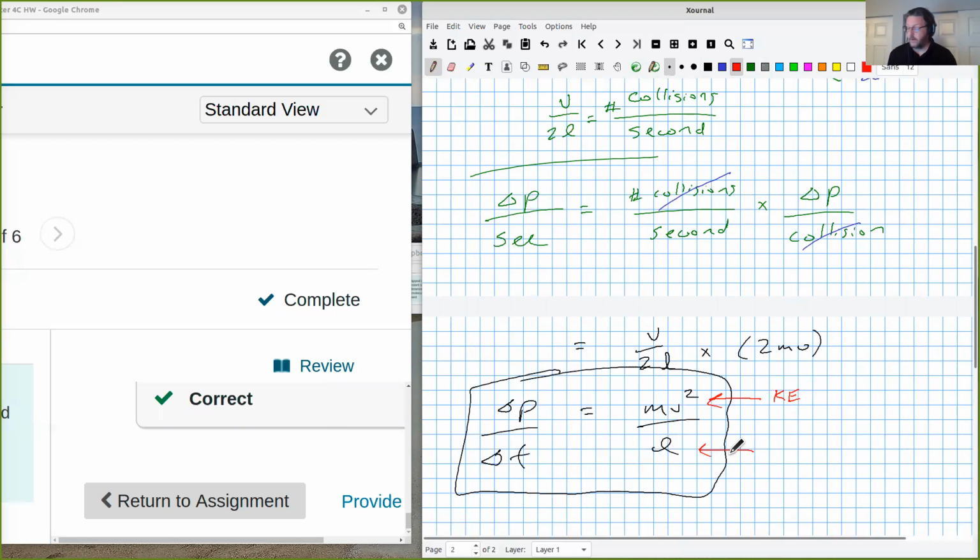And the L is related to the size, or to use more vocabulary that we've used before, extension of the box. So we have energy divided by size gives you how quickly the momentum of the box changes.